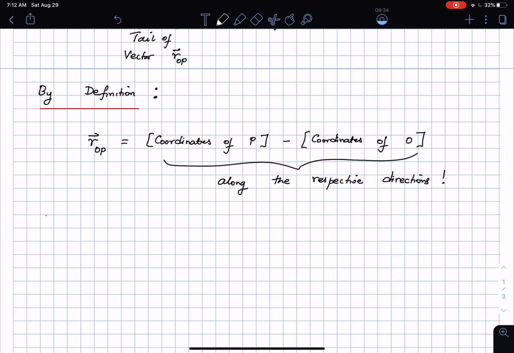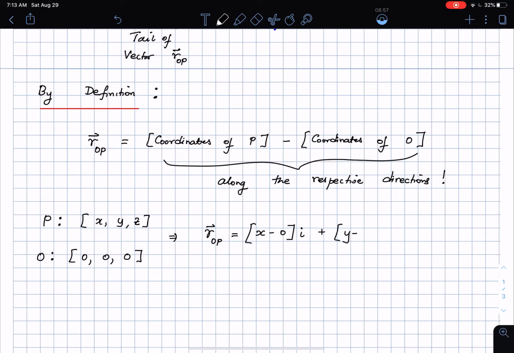Okay, you first look at the point P. The coordinates are x, y, and z. The point O, the coordinates are 0, 0, and 0, which means that ROP is going to be the x coordinate of P minus the x coordinate of O times the unit vector in that direction. The y coordinate of P minus the y coordinate of O times the unit vector in that direction.